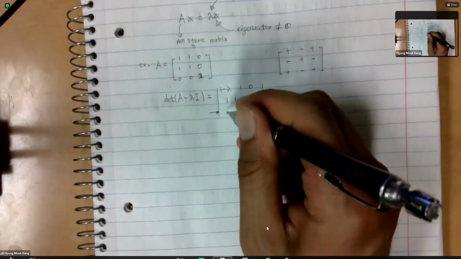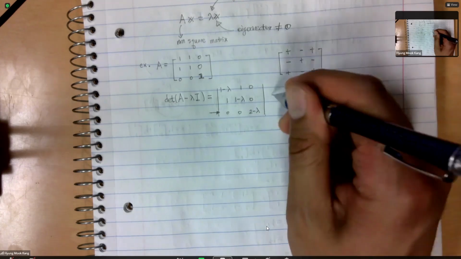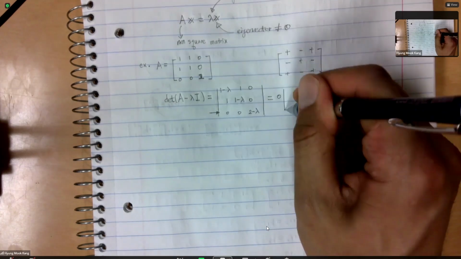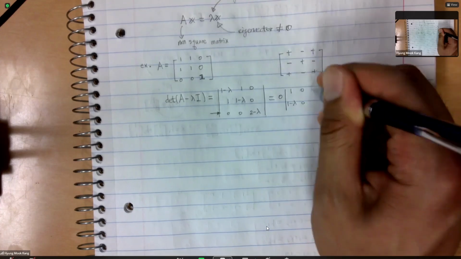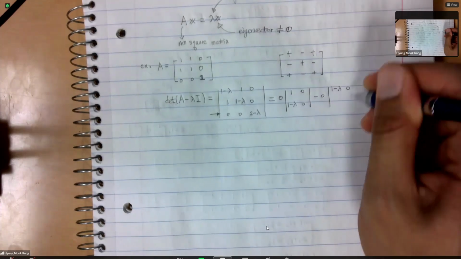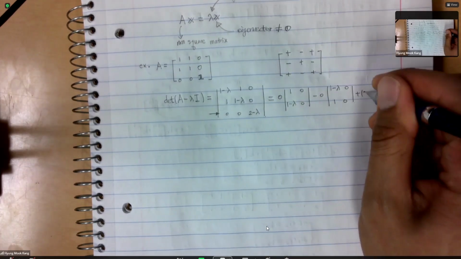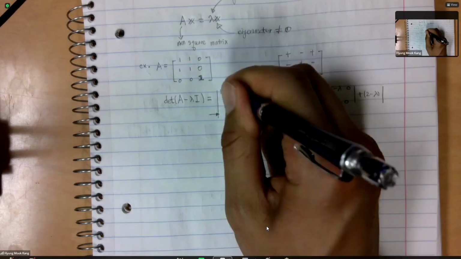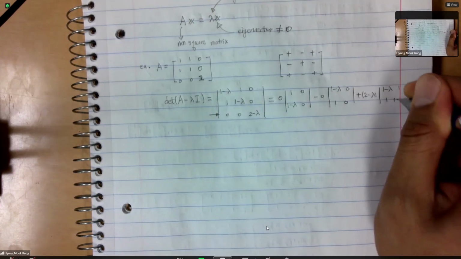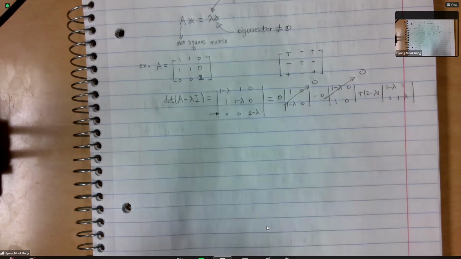It signifies the signs of the cofactor expansion. We're starting from here. It's going to go with signs plus, minus, plus. So 0, 1, 0, 1 minus lambda, 0. It basically goes away. I'm just going to write it for better understanding. So minus 0 and this much, and plus our coefficient is 2 minus lambda, and this much: 1 minus lambda, 1, 1, 1 minus lambda. Of course, 2 with a 0 coefficient all goes away.